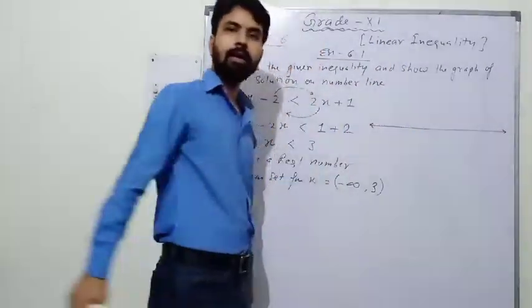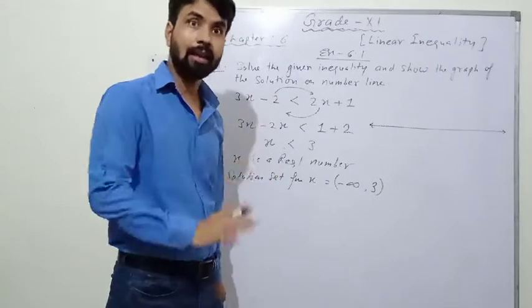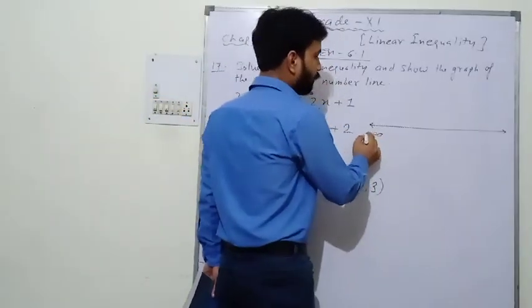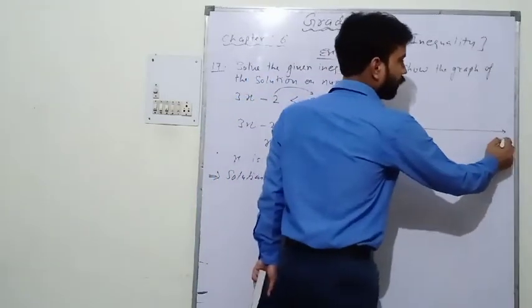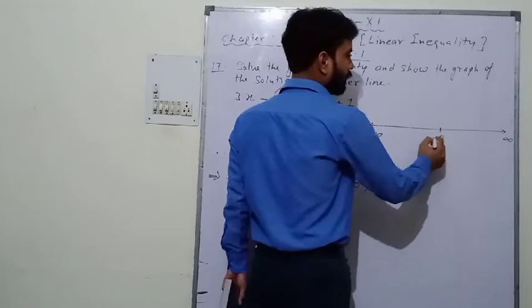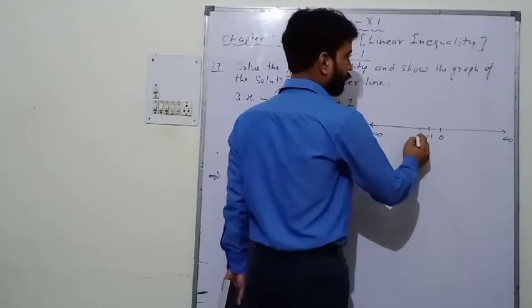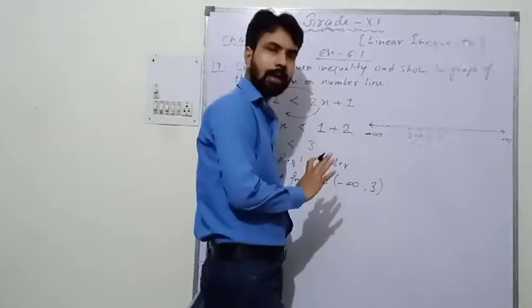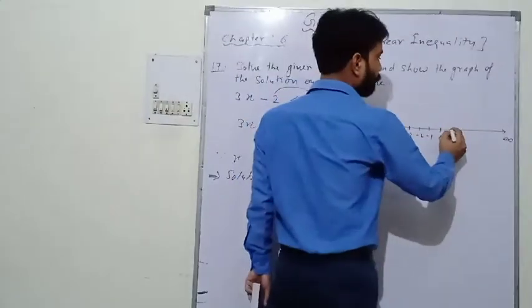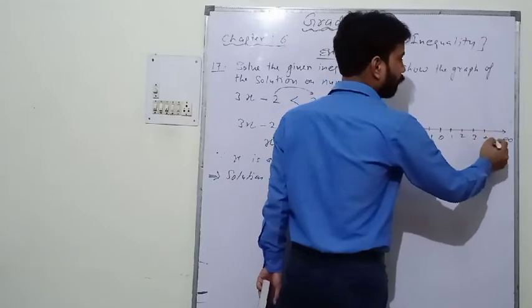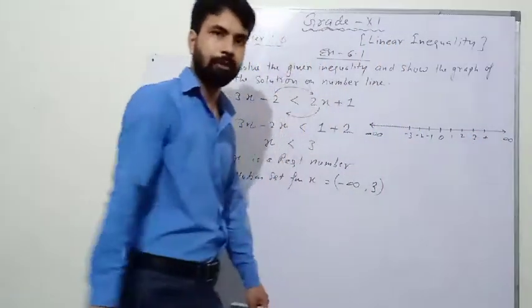Since this is a real number line, it will start from minus infinity to plus infinity, and here there will be 0, minus 1, minus 2, minus 3 and so on, minus infinity, and right side positive 1, positive 2, positive 3, positive 4 and so on, positive infinity.